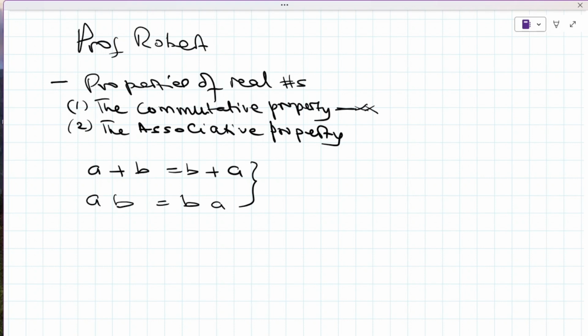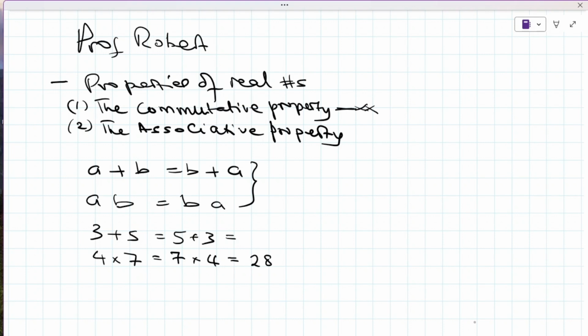So we can take some real examples and see what we get. So if you had, say, 3 plus 5, this is the same as 5 plus 3. And when we multiply numbers, for example, 4 times 7, this will be the same as 7 times 4, which is 28.